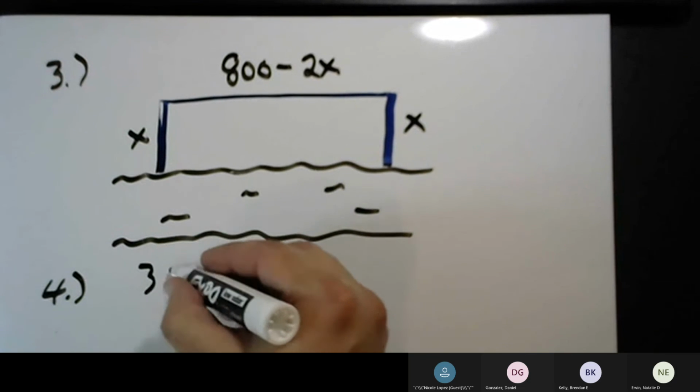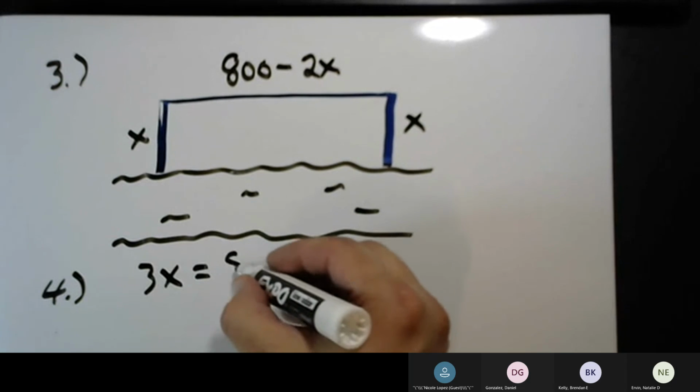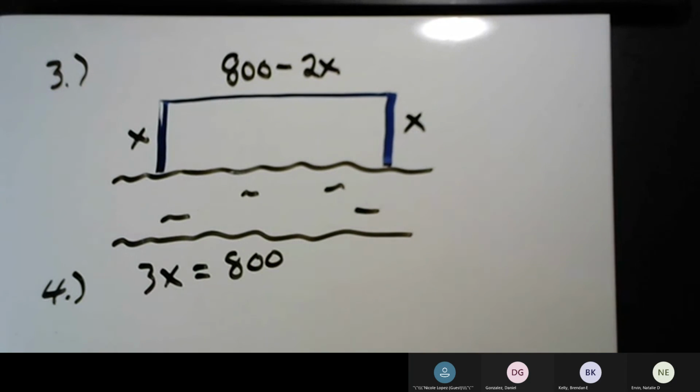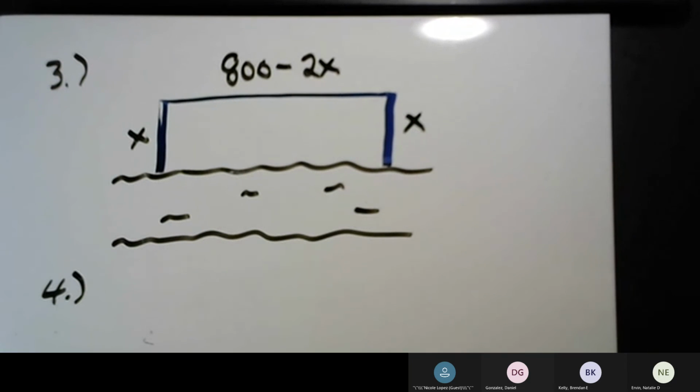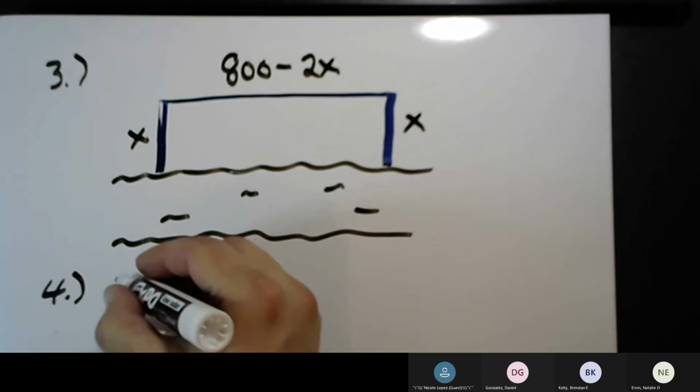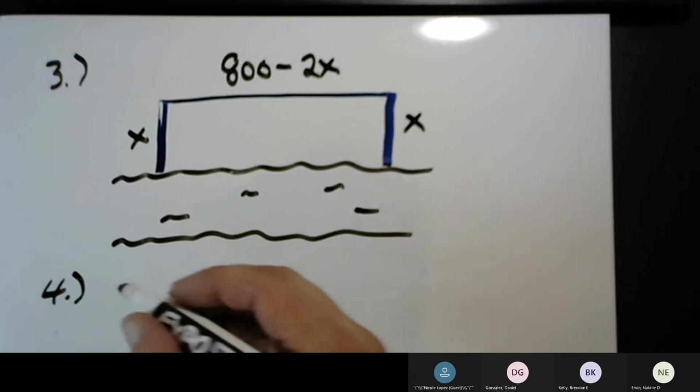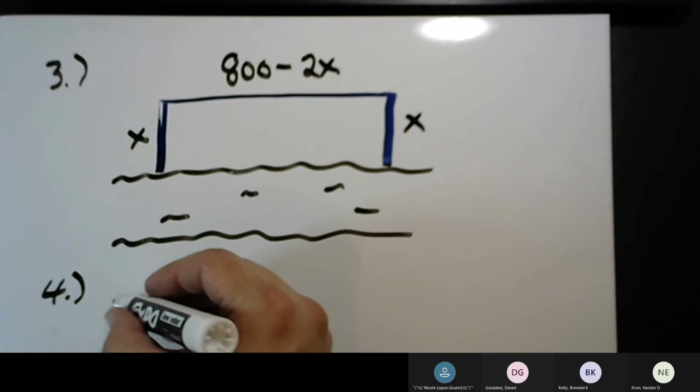You would have something where 3x equals 800. But let's try something. Let's say we want to maximize the area.